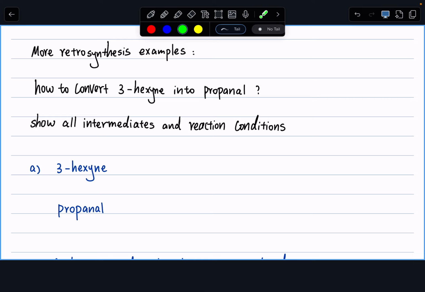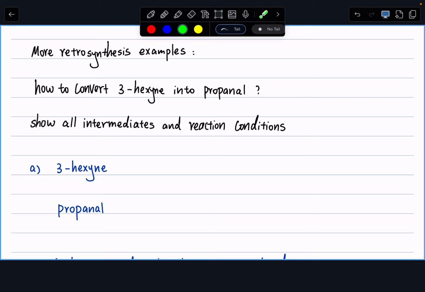So in this question, how do we approach it? We want to synthesize propanal from 3-hexyne. The question is, how do we build this synthetic route? So first things first, we think about the carbon skeleton. What we want only has 3 carbon atoms. What we start from is 6 carbon atoms. So the first step, we know that we have to somehow manipulate the carbon skeleton.